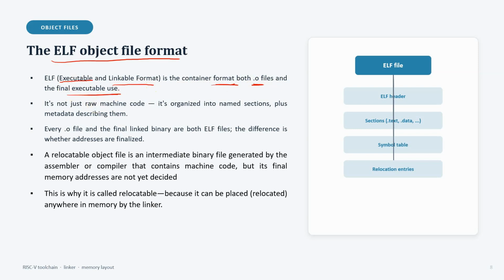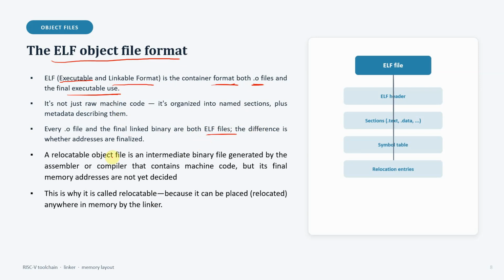It's not just raw machine code which the assembler generates. It's not just binary ones and zeros. It is organized into named sections, with metadata describing them. So every .o file and final linkable binary are both ELF files. We think it's simply zeros and ones which the assembler generates, but no, it has a format.